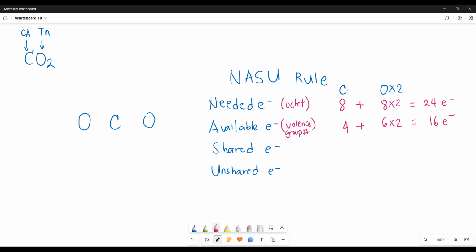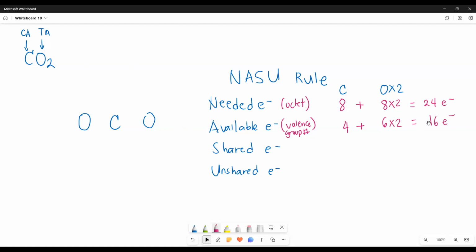So in a sense, what we are doing here is a bit of math, but the idea is this. We needed 24 electrons in order for everything to work out. But we only have 16 electrons. Now, it is our task to make sure that these 16 electrons from all these atoms are well taken care of.